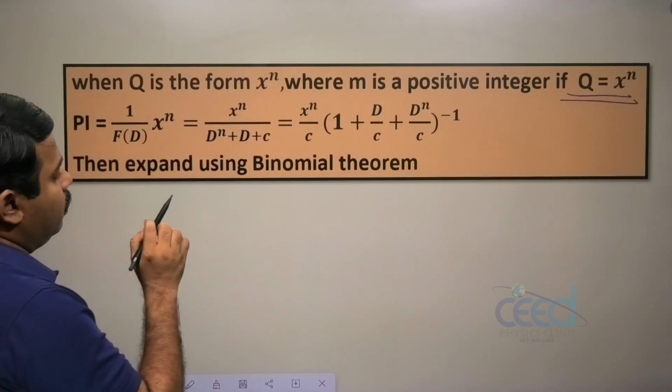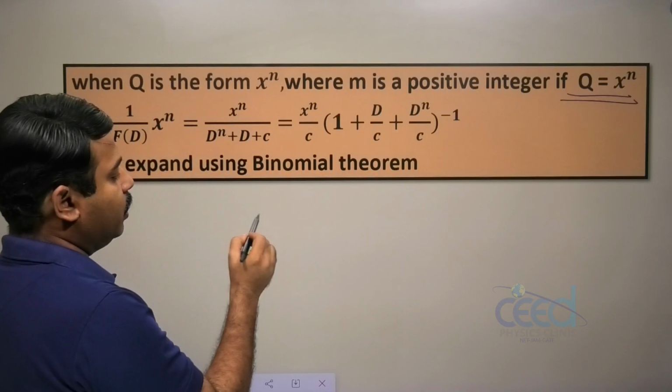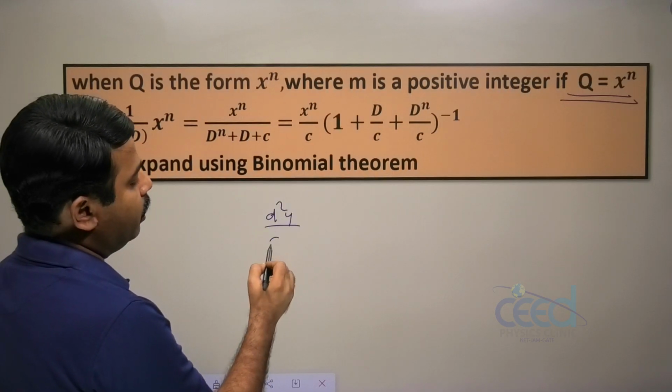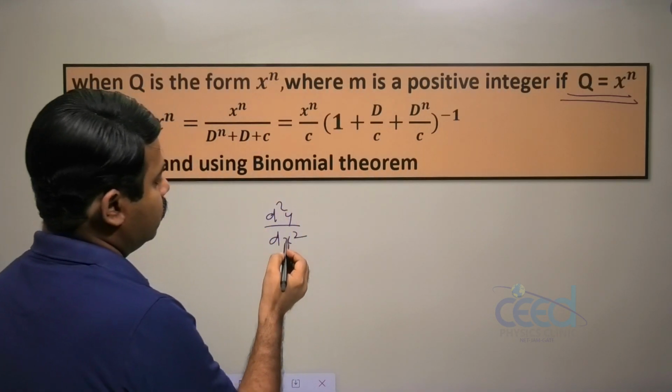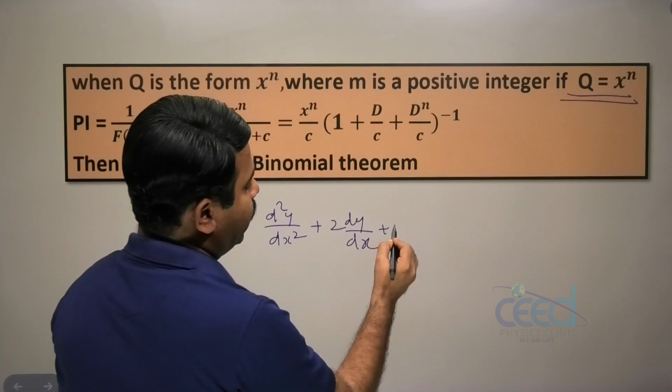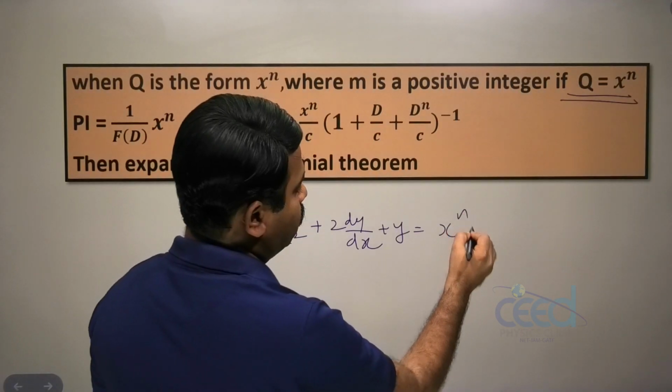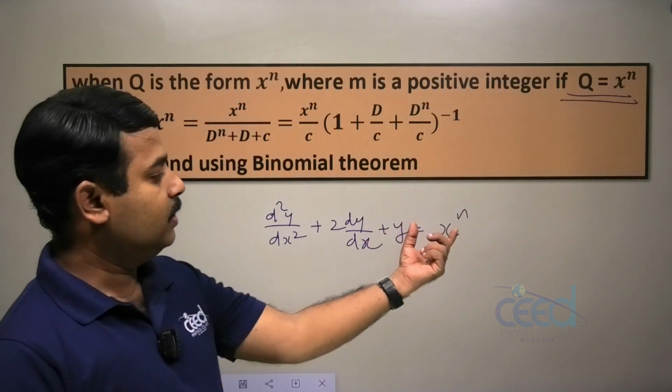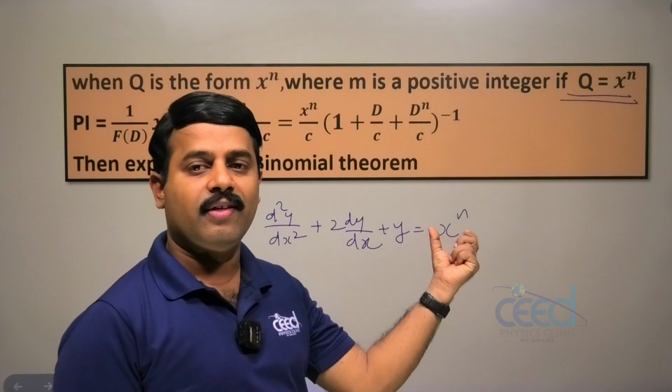Suppose you have a differential equation d square y by dx square plus 2 dy by dx plus y equal to x raised to n. So the right hand side is in the form x raised to n.